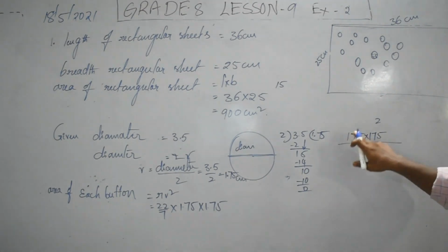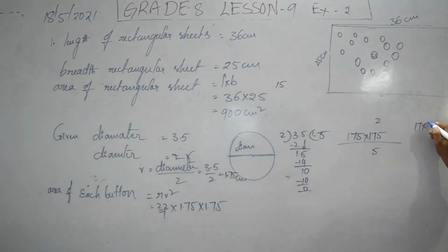So 17 after 18. 18 7s are 126. 18 1s are 18 plus 12, 30.